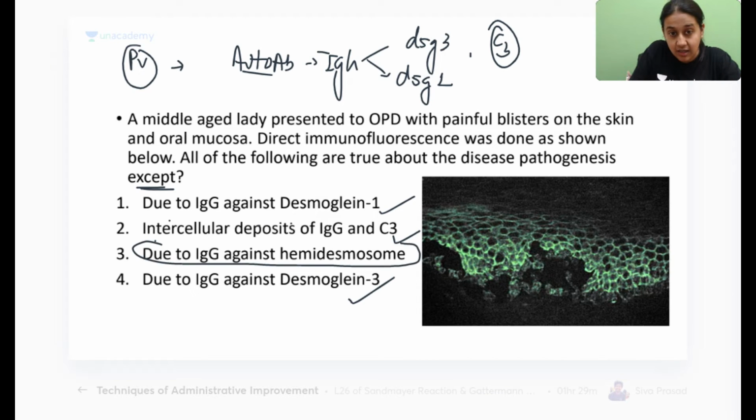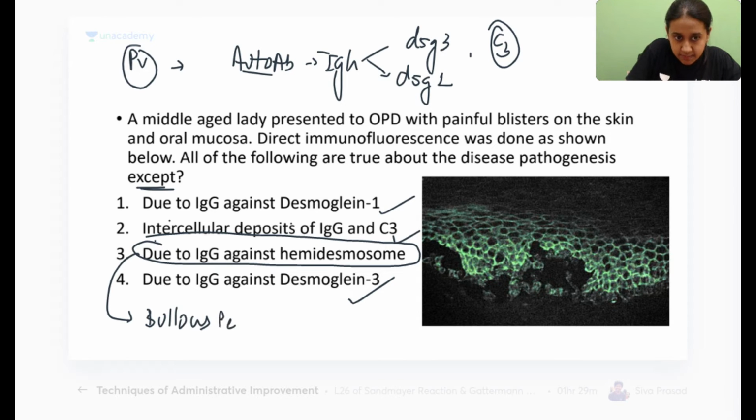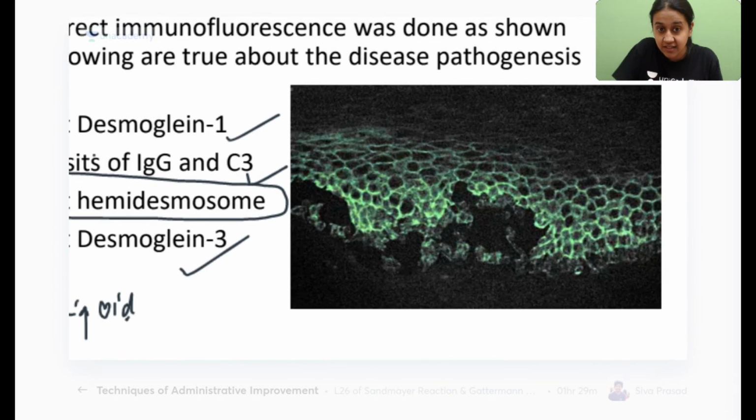But this is not correct. And can you tell me for which disease this line is correct? What is the diagnosis when they tell you that you have IgG against hemidesmosome? Amazing. It becomes a case of bullous pemphigoid. So this becomes a very, very classical question, and you have the image also associated. You can see a fishnet pattern.